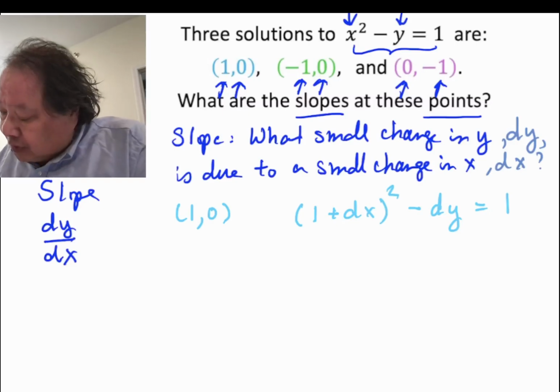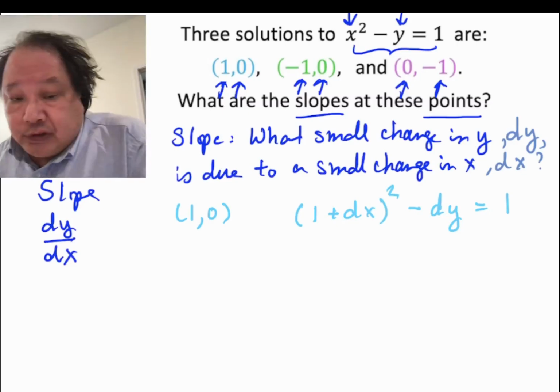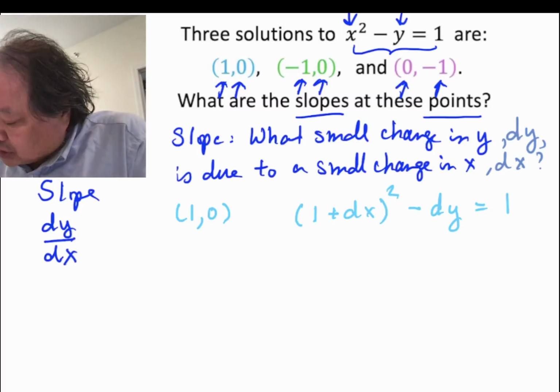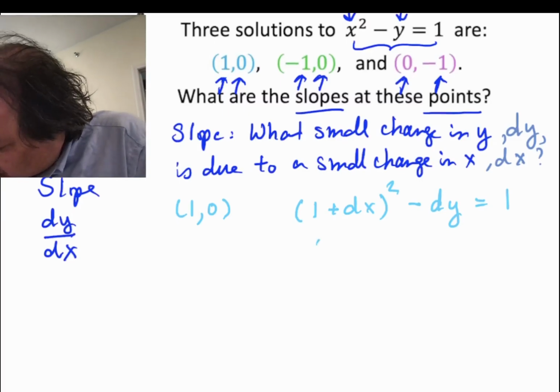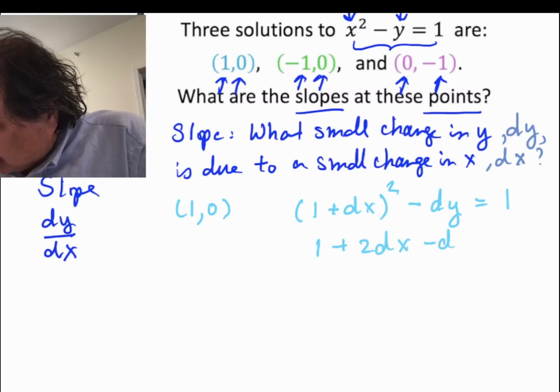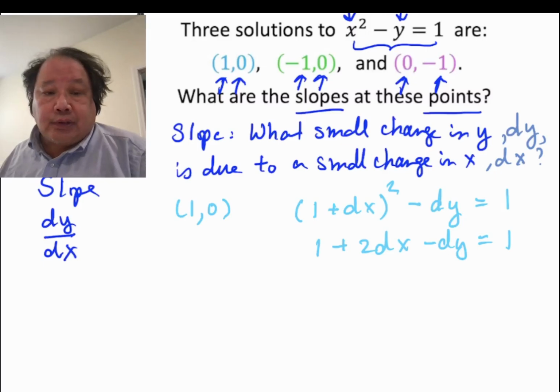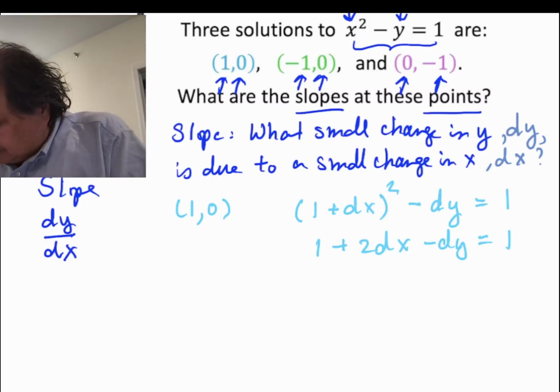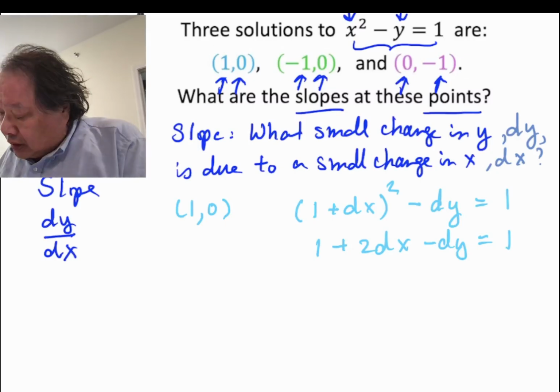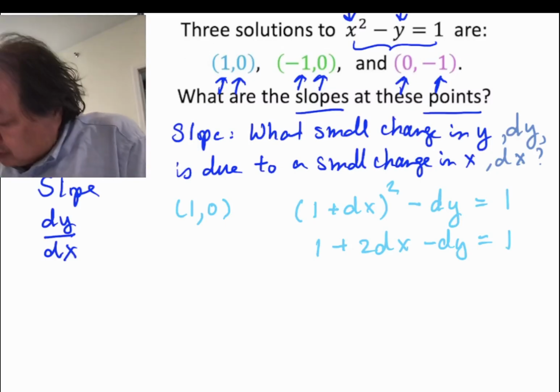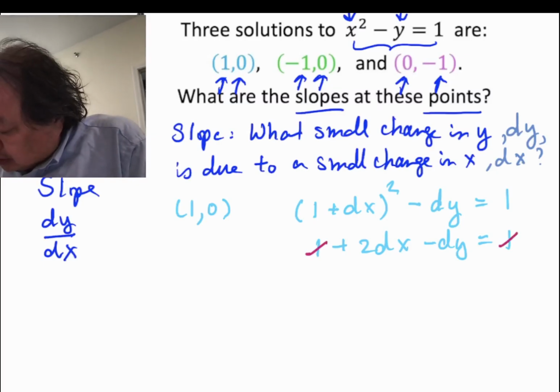If we expand the expression on the left, we know that 1 plus dx squared is roughly 1 plus 2 dx, minus dy equals 1. We can now cancel the 1's on both sides, and we can see then that dy is equal to 2 dx.